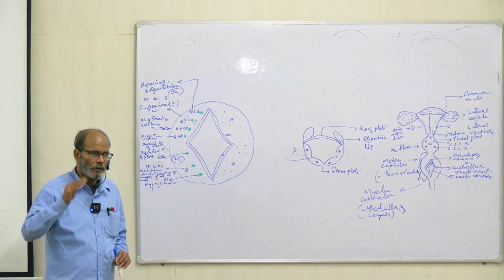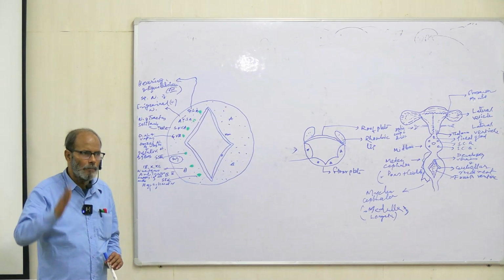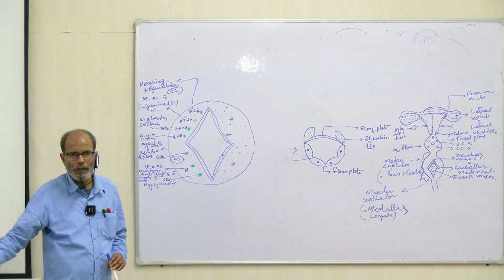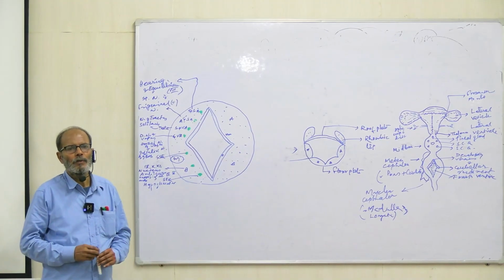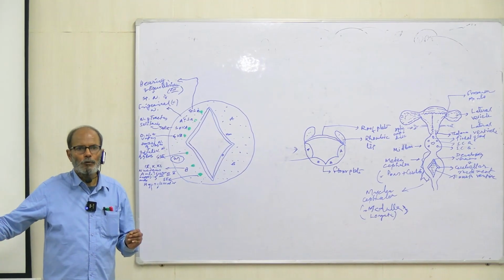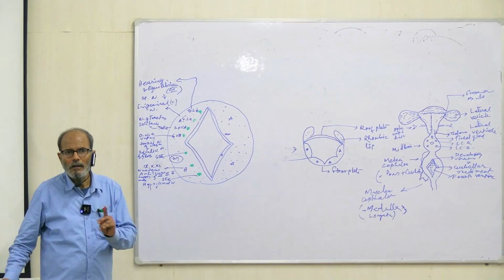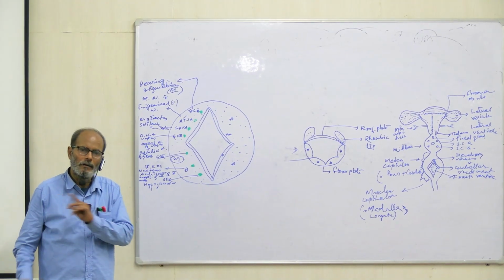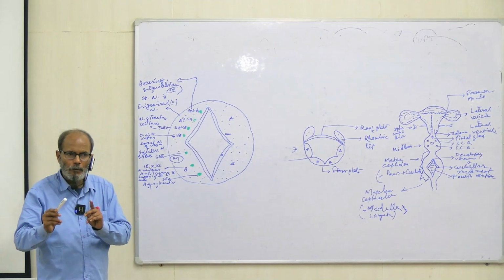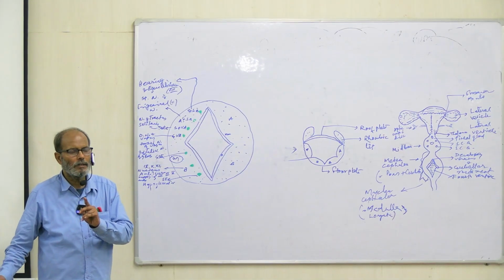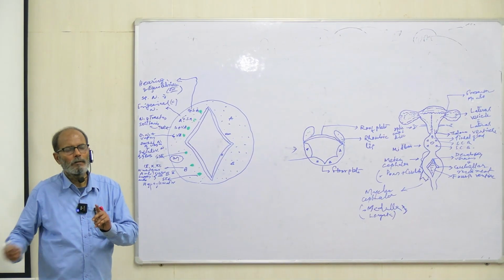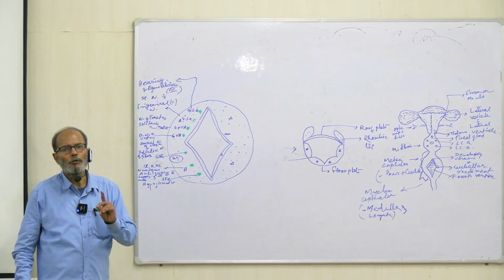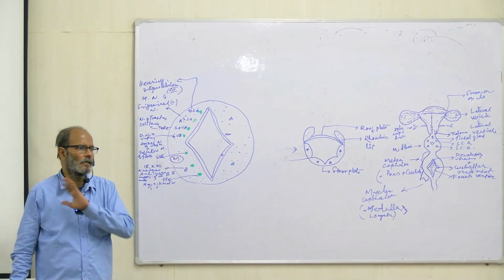What I have said, the migration of nucleus ambiguus to the more ventrolateral side is due to increase in its axonal fiber. This is called neurobiotaxis.